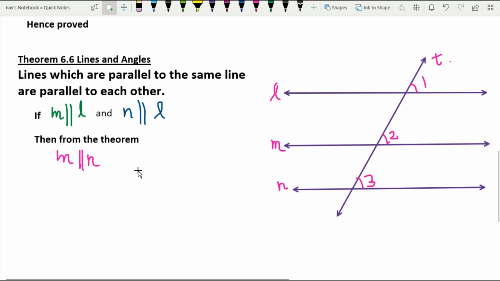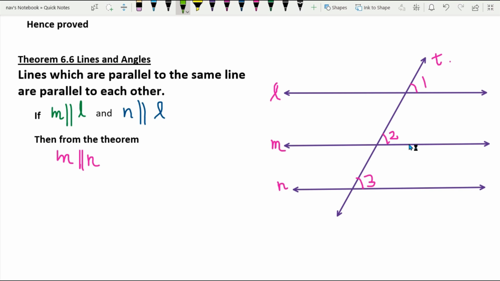If M and N are parallel to the same line L, then line M will be parallel to line N. Okay.